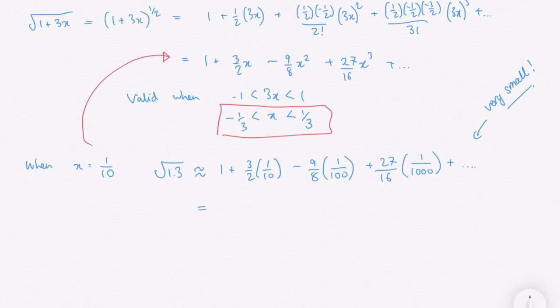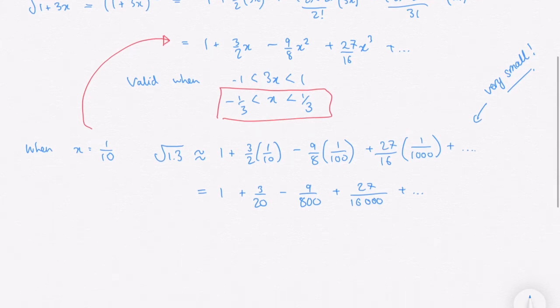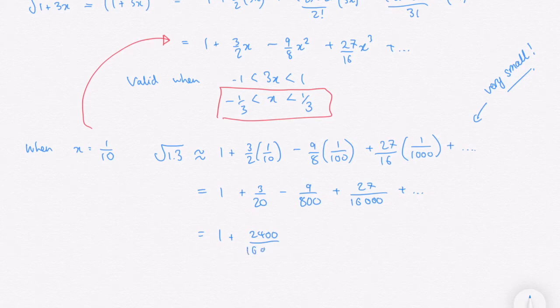This is equal to 1 plus 3 over 20 minus 9 over 800 plus 27 over 16,000, plus some very small numbers. I'm writing a common denominator there of 16,000. This is 1 plus 2,400 over 16,000 minus 180 over 16,000 plus 27 over 16,000.